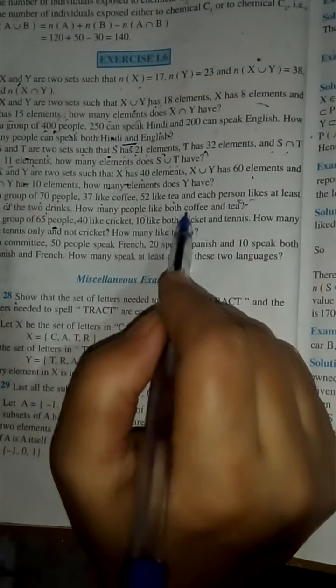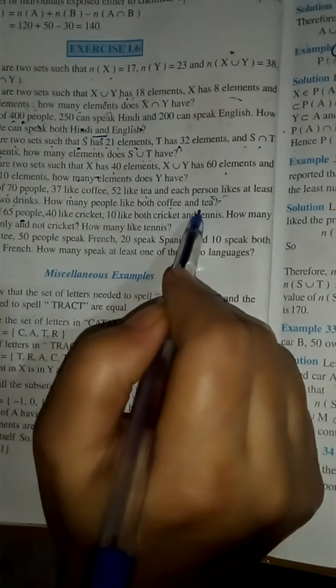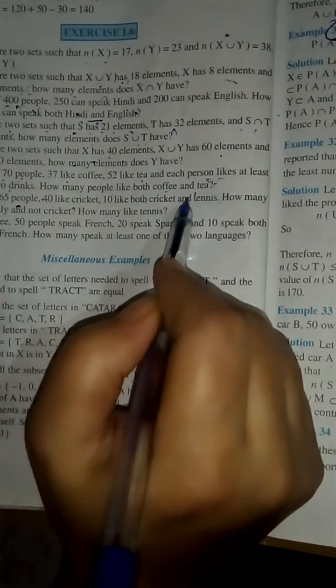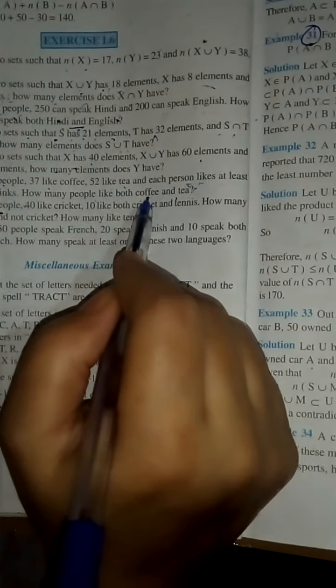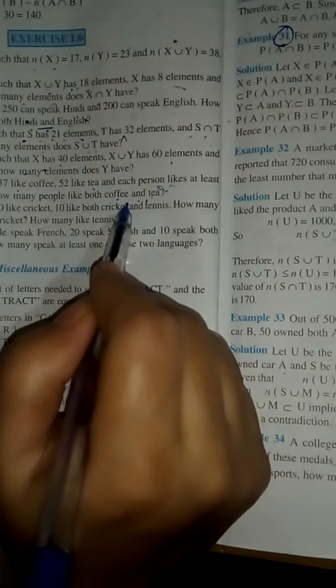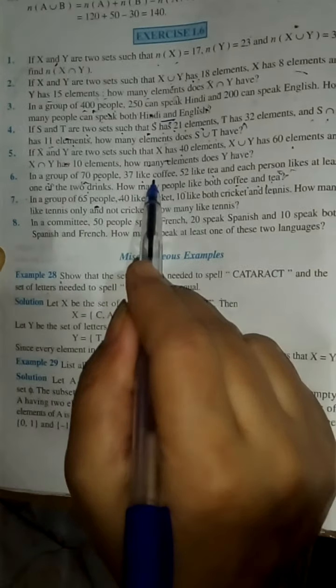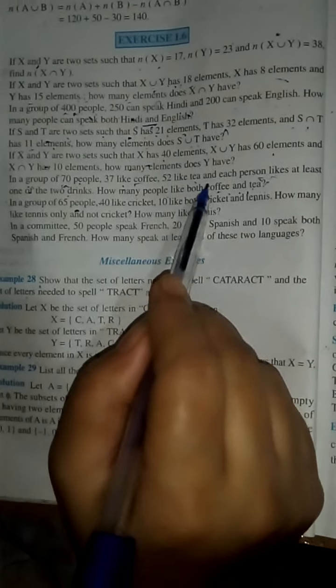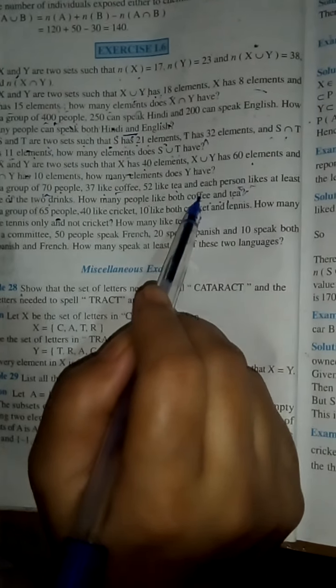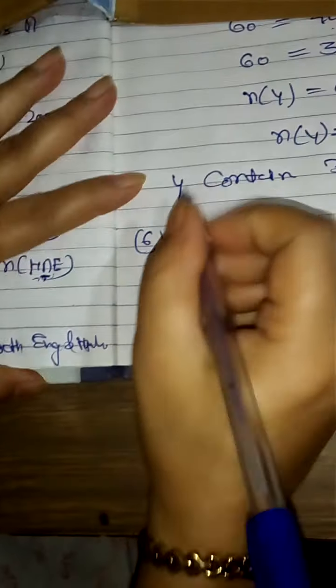How many like both coffee and tea? It means you have to find n of C intersection T. Here n of C union T is 70, n of C is 37, and n of T is 52. Now let us start the solution.